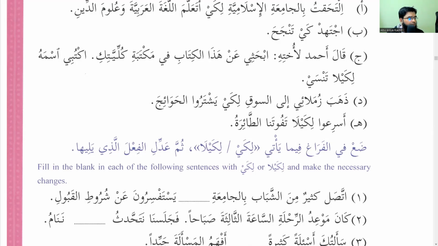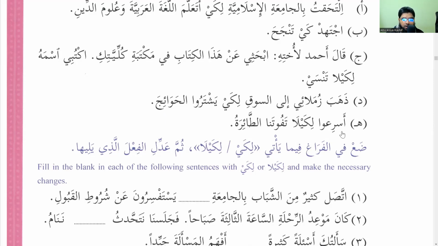I'm not getting the plural of Haja. One second. Let me just make sure. Hajatun. Al-Jamu, Hajat, wa Hajun, wa Hawaij. There are 3 plurals. Oh, okay. Yes. Al-Hajatu, Hajat, and Hawaij.